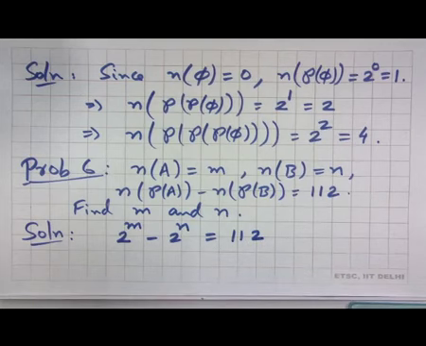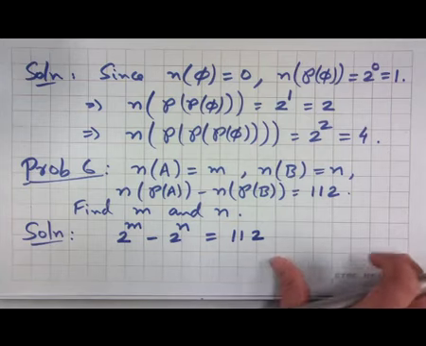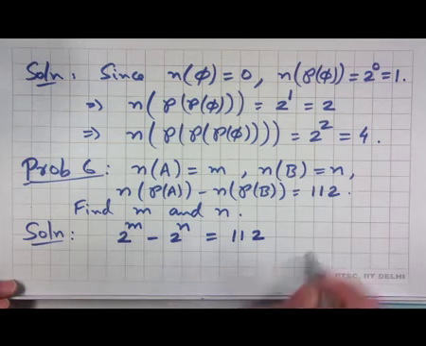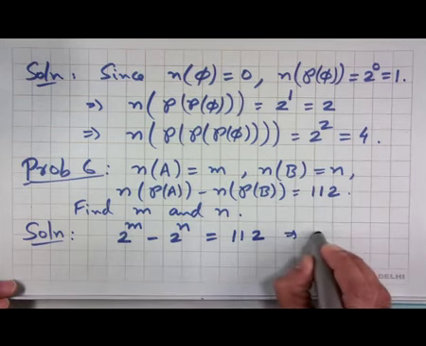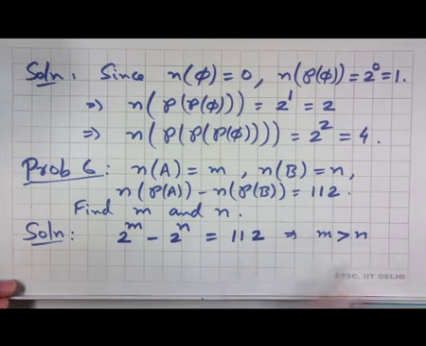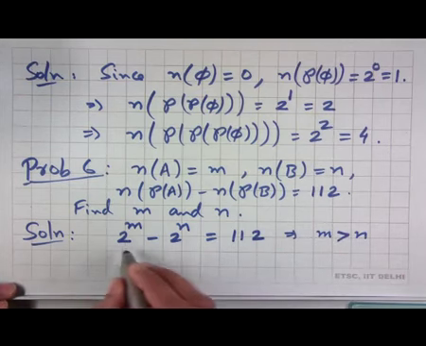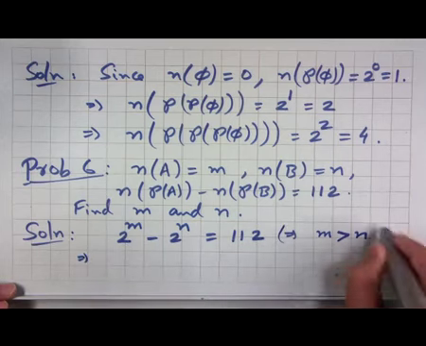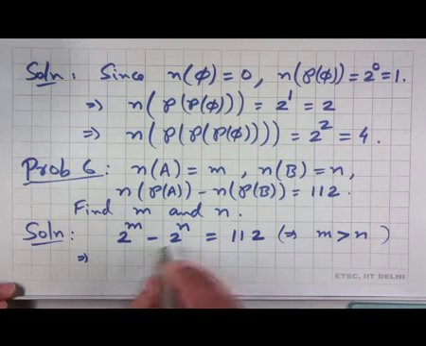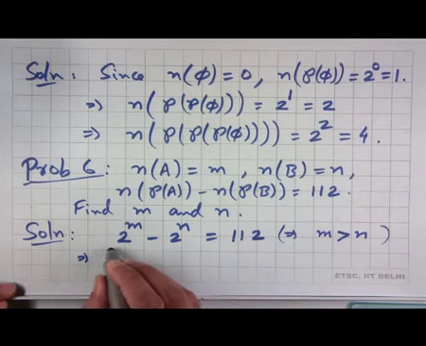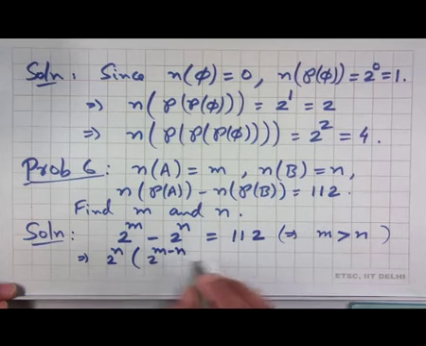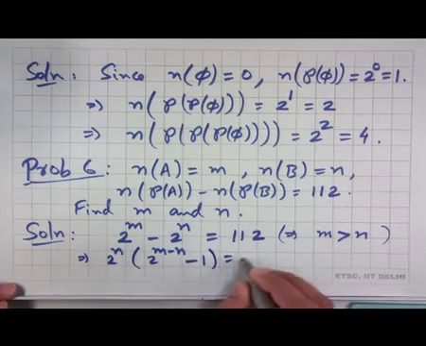So, you might be thinking that we have only one equation and from here we have to find both m and n, but you can do it because, this first of all implies that m is bigger than n, and then we can take out 2 to the n common, and then we have 2 to the power m minus n minus 1 is equal to 112.